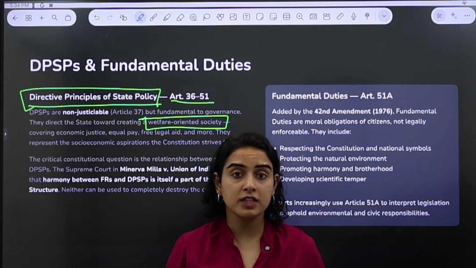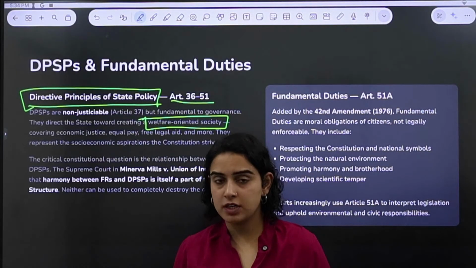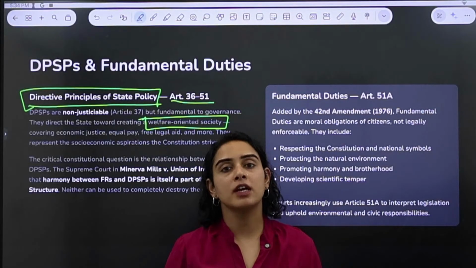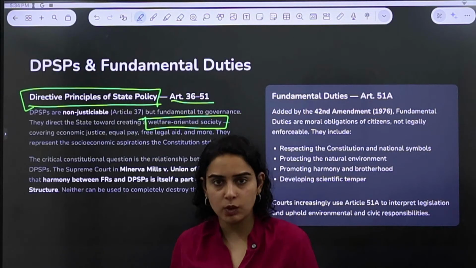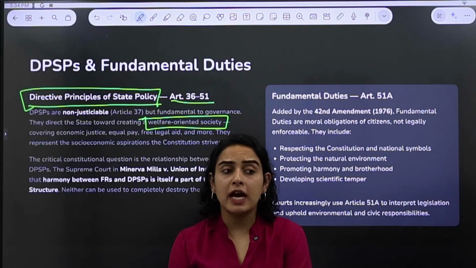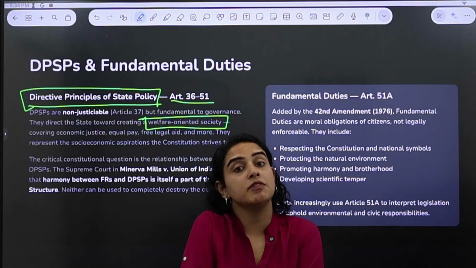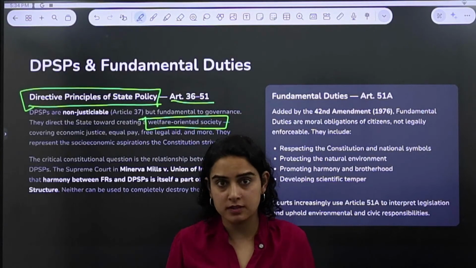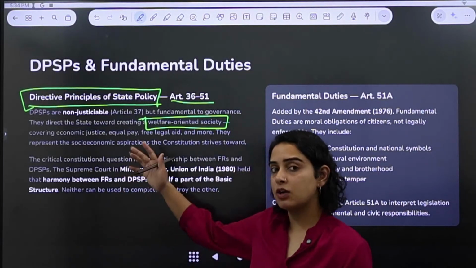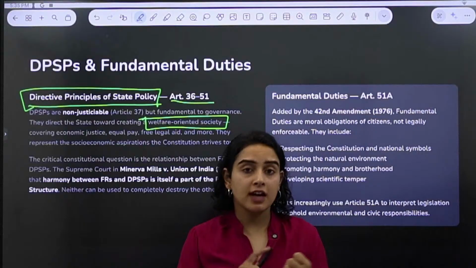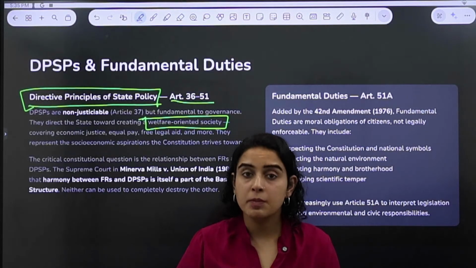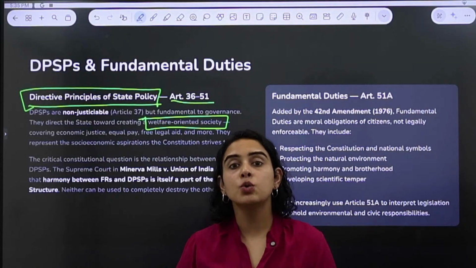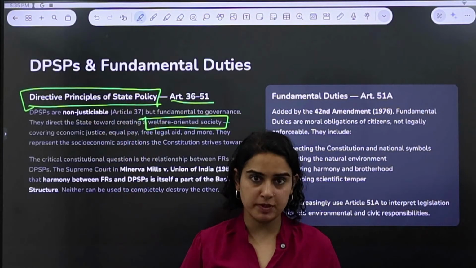There are a lot of other things which are important for a citizen, but still are not fundamental rights. For example, right to work or equal pay for equal work, right? So now that is not something which can be made a fundamental right, but these are important things. So all of these are made part of the DPSPs. Now, the government has to work, has to make laws, policies, rules to achieve those DPSPs.